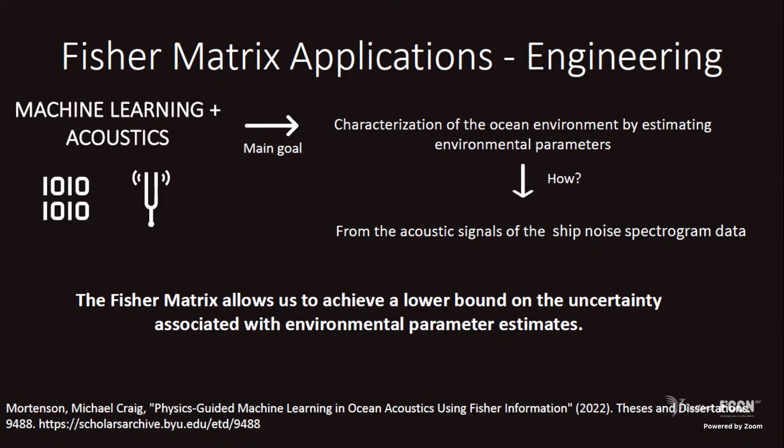He used them to predict the ocean's environmental parameters, and to try to estimate how small the uncertainties can be. So the Fisher matrix allows us to achieve a lower bound on the uncertainty associated with the environmental parameters estimated.